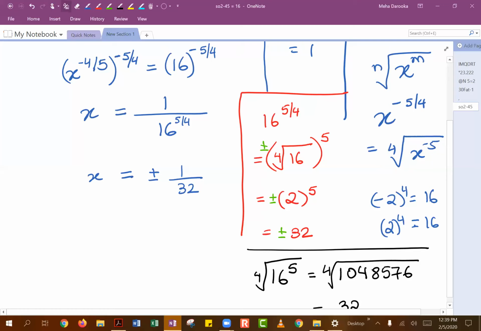Remember that 16 to the 5/4 is in the denominator, so whatever answer you get will stay in the denominator. You are always going to have 1 over whatever that cleans up into. If you had started out with a positive 5/4 here, then your answer would just have been positive or negative 32. But because of that negative exponent, you automatically went down to the denominator.